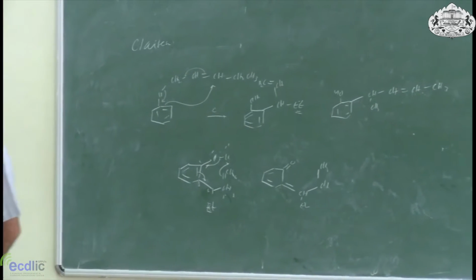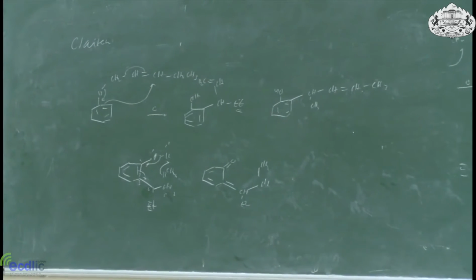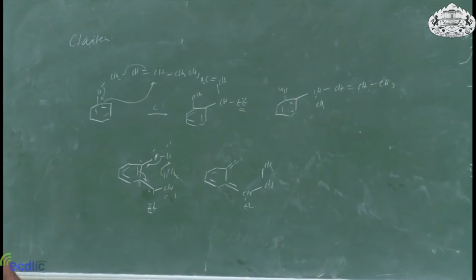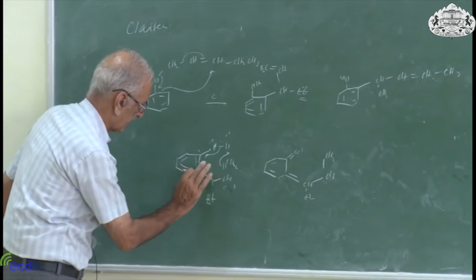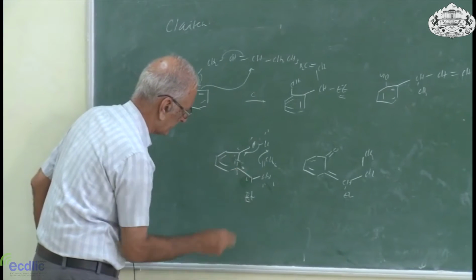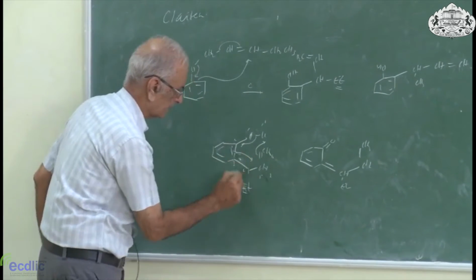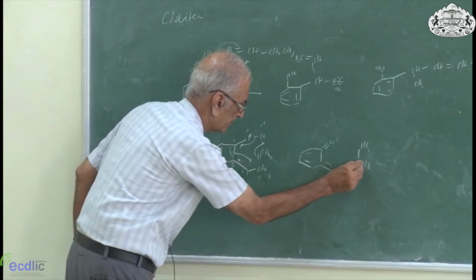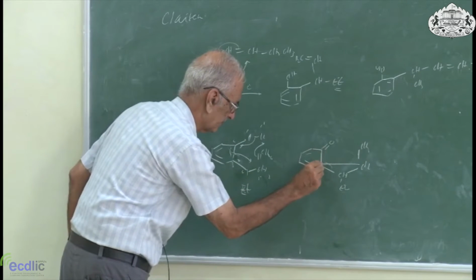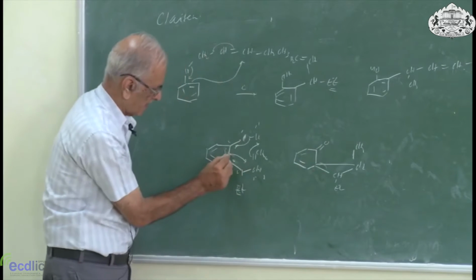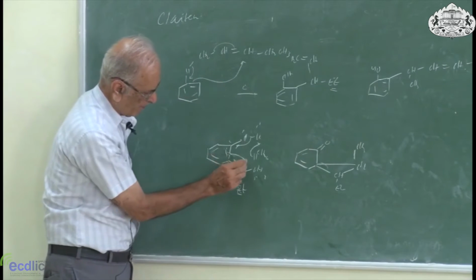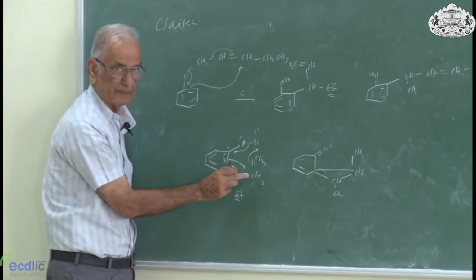We made the bond between 1 and 6. Sorry, that's a mistake. Instead of bringing it there, we are bringing it here.